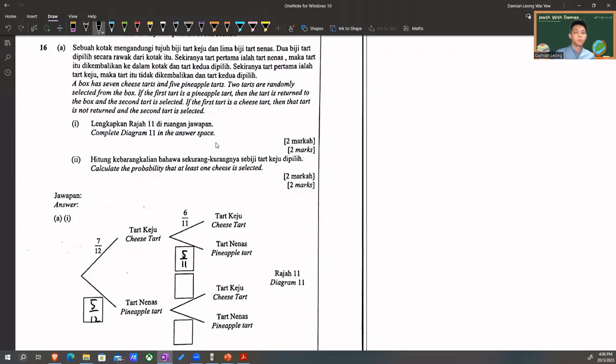And let's see, a box has 7 cheese tarts, 5 pineapple tarts, 2 tarts randomly selected. So depending on what they select for the first one, it decreases. So if the first one selected is a pineapple tart, means 1 less pineapple tart, still 7, total left with 11, and 4 pineapple left with total 11.